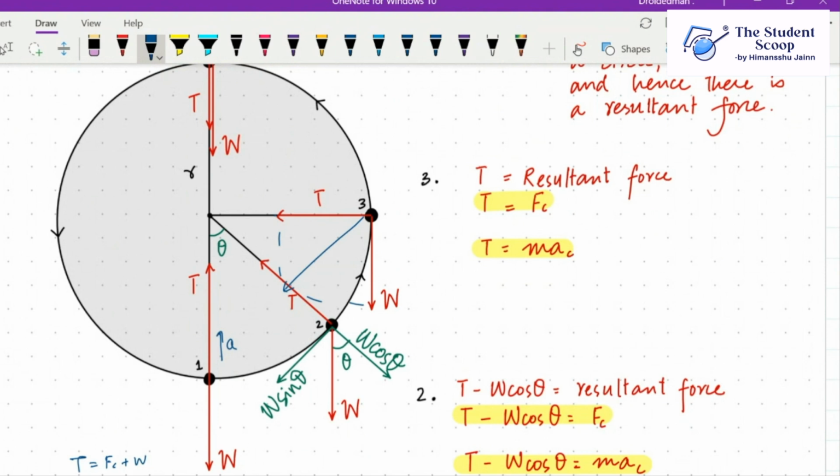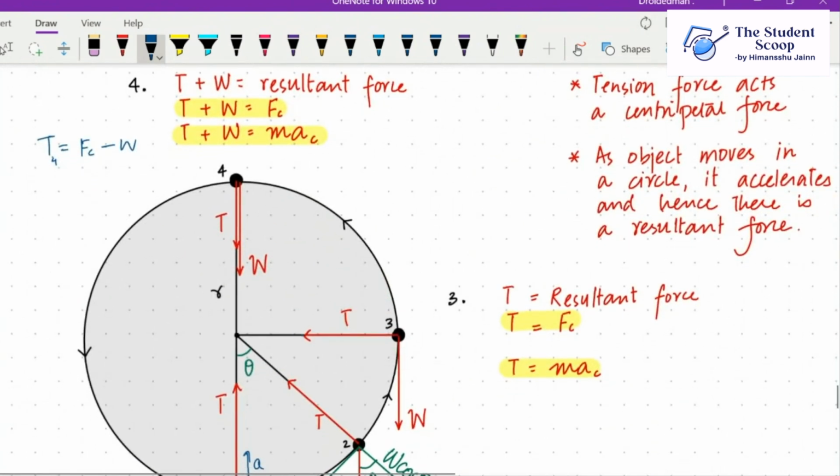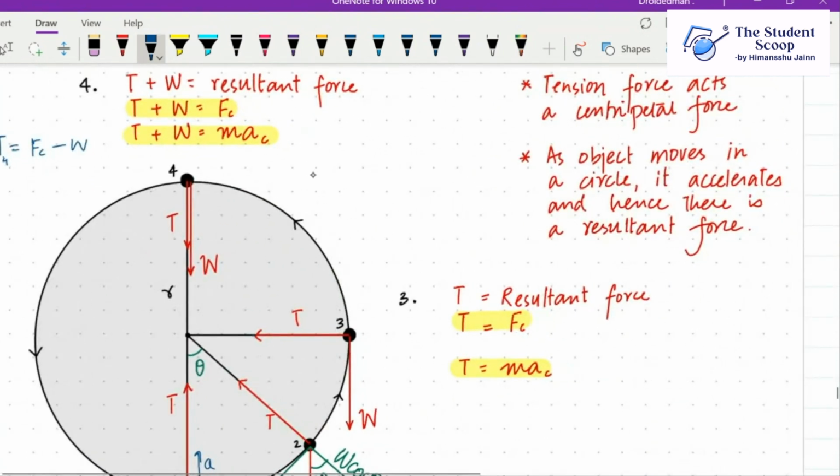Because of this kind of change in vertical circular motion, the one thing that we need to address here is that the magnitude of velocity is changing throughout the motion. So at the top the velocity will be different, at the bottom the velocity will be different. So that's the case we need to remember.